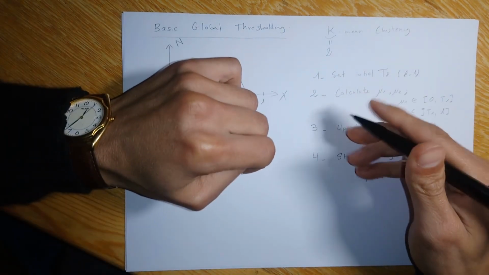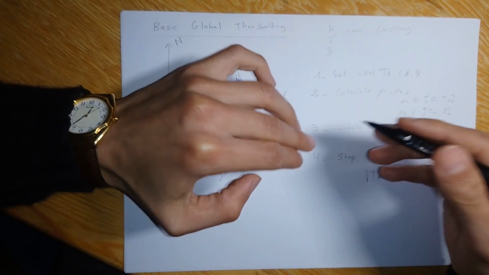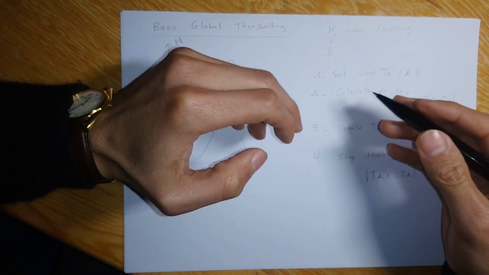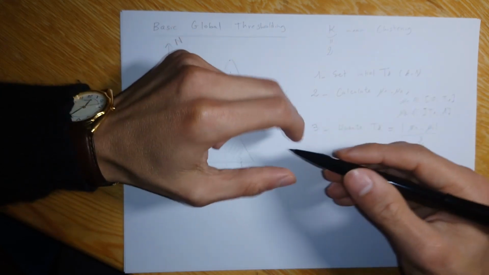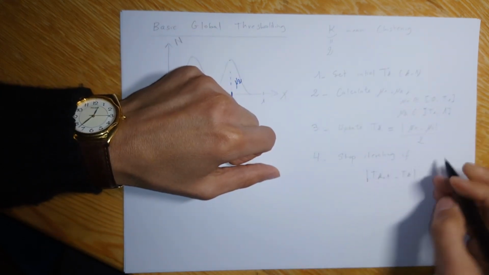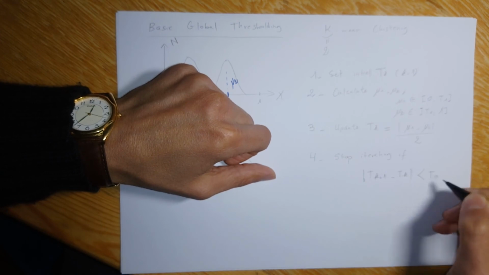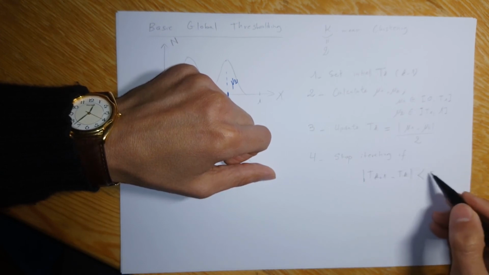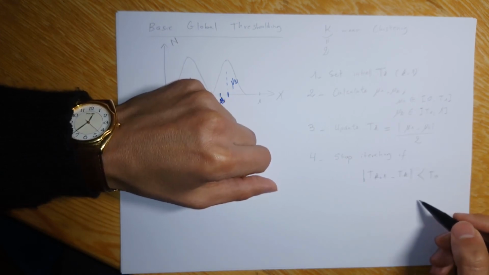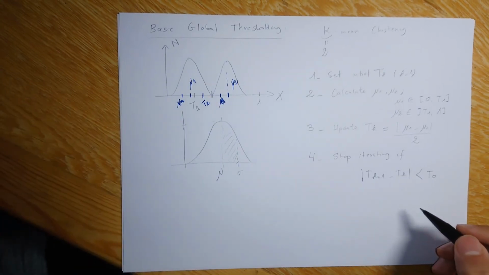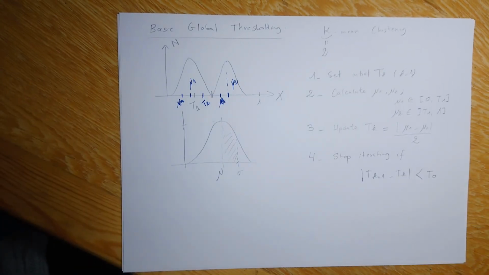The difference between two successive thresholds is not really big. This means that they are almost equal. So we can say that this difference must be smaller than t0, and the smaller t0 is, the more accurate our threshold is. Okay, so this is how basic global thresholding works, and this is how we can identify our threshold automatically.